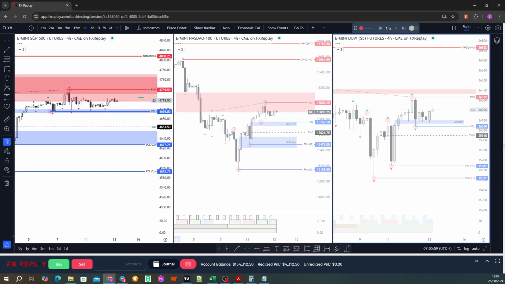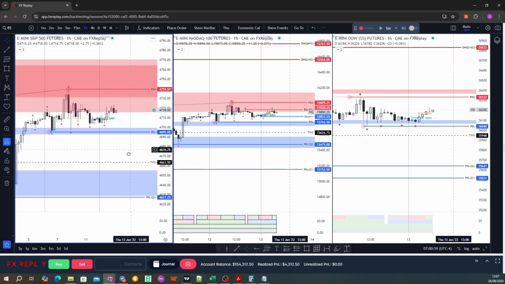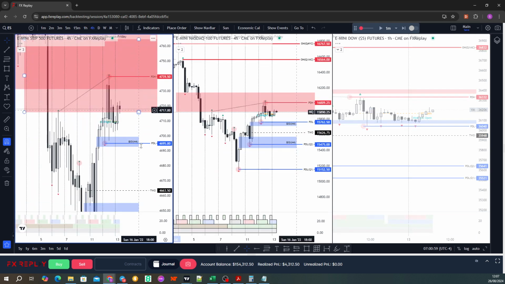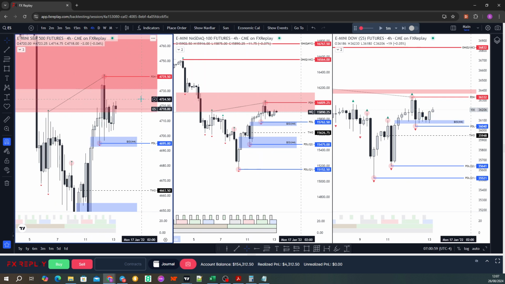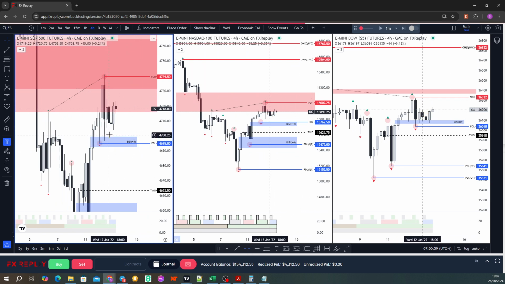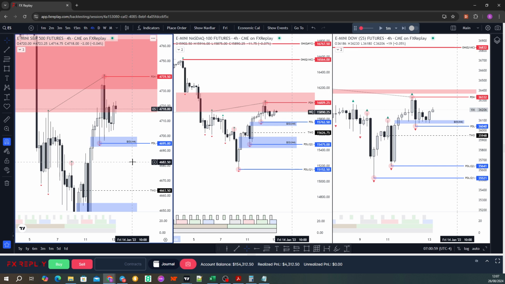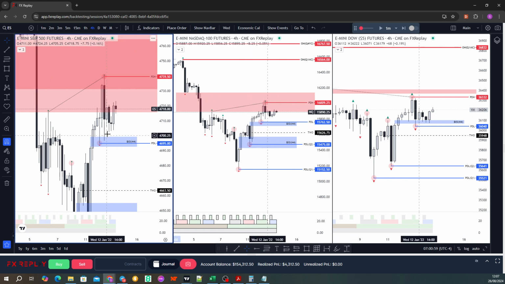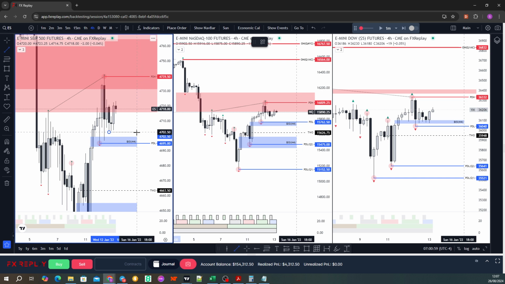We're looking for shorts. Jump down to the hourly. Want to reference a few things. Actually, let's just make sure we've completed the 4 hour. This to me would certainly be an area of interest.